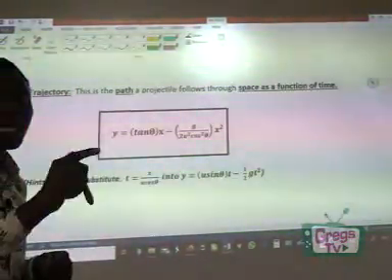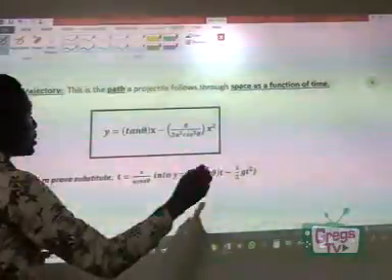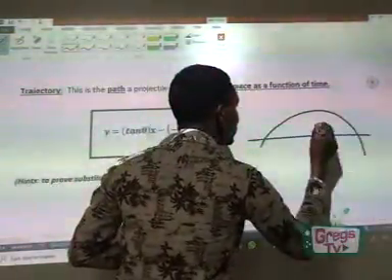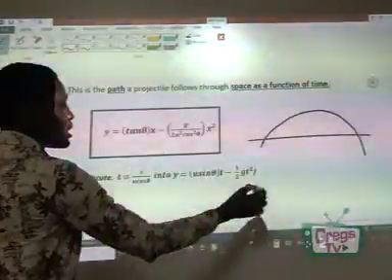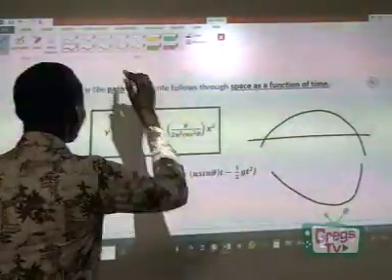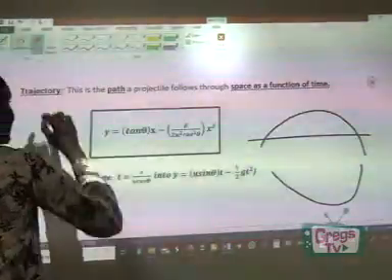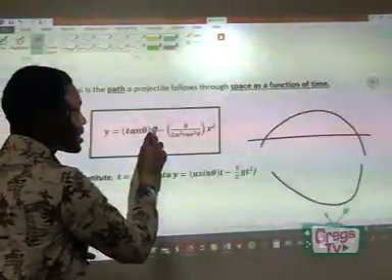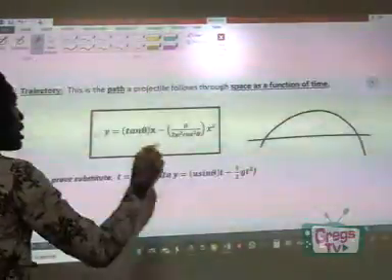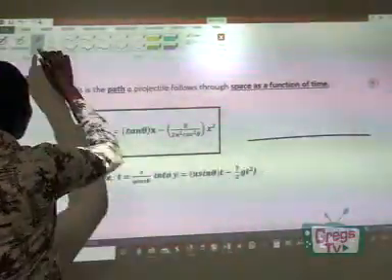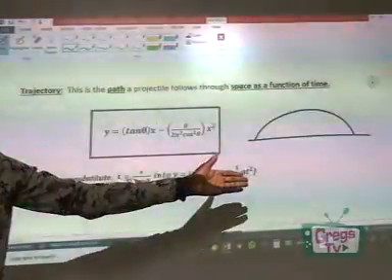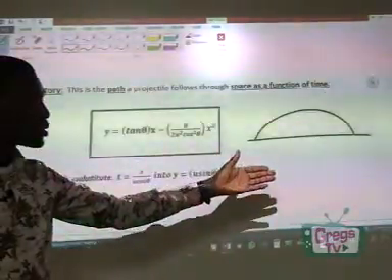Now, don't forget that whenever you are plotting a quadratic graph, when the coefficient of x squared is negative, that is minus a, this is how the graph will look. But if it is positive, it will look like this. But you agree with me that in this case, it is negative, so I'm going to go by this. And of course, the direction of trajectory is in this format.